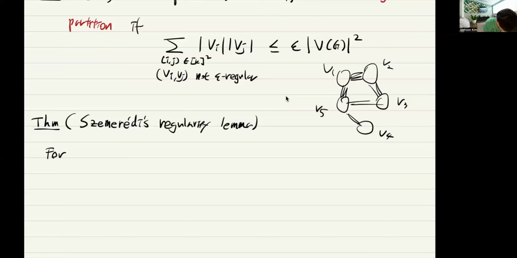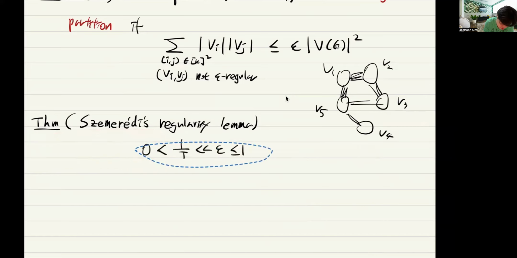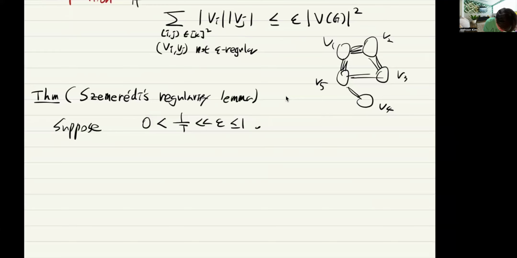So Szemerédi regularity lemma says that, let me write it this way, for given epsilon, there exists t0 such that the following holds if t is at least t0.